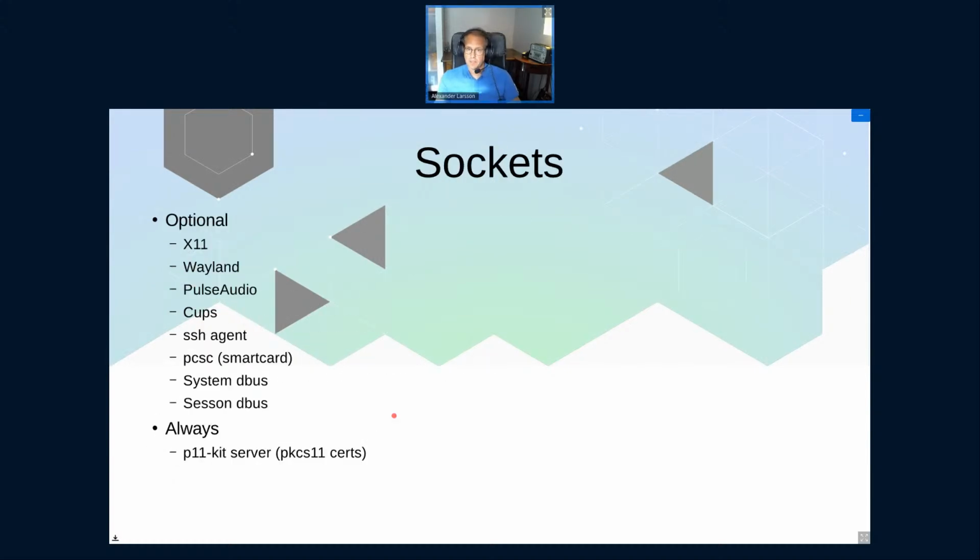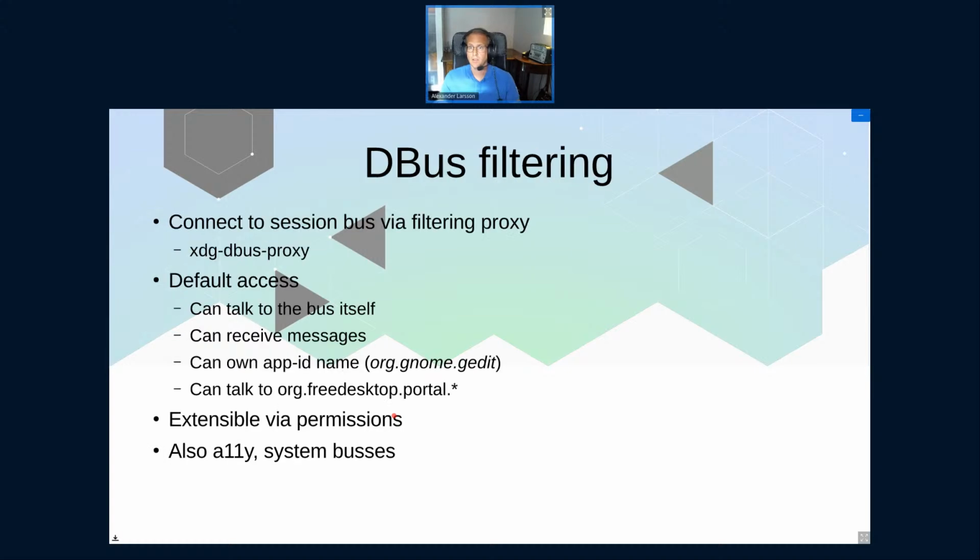Also in the list here we have dbus, but full access to these sockets is highly unsafe to do because there's all sorts of stuff on the session bus that can allow all sorts of operations that are not secure. So by default, we do give dbus access, but in a filtered mode. And we have this proxy that we run.